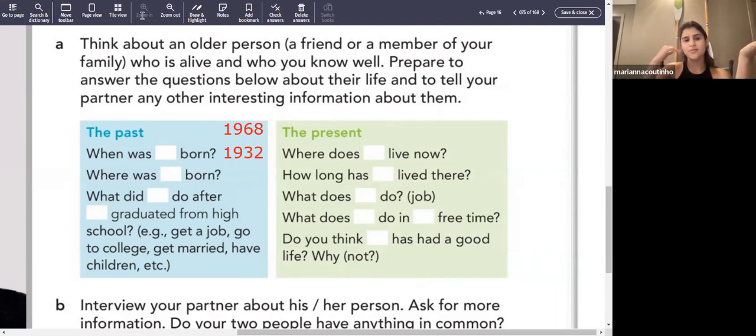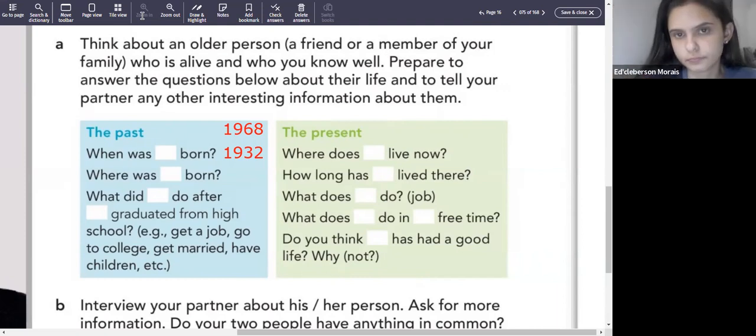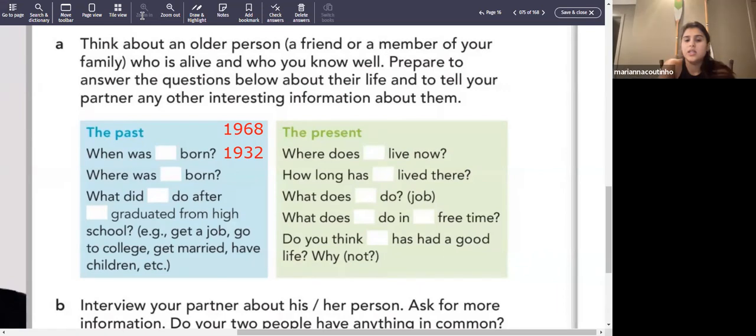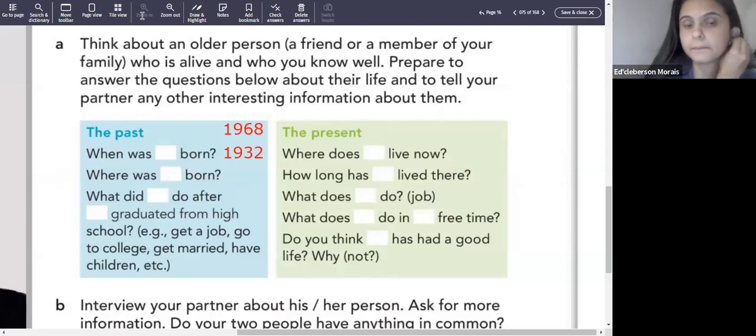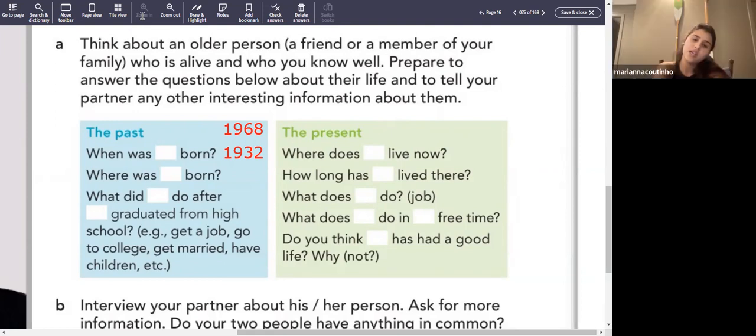It's a farm. Okay, he's a farmer. Awesome. What does he do in his free time? He likes to go out to eat and drink a whiskey and a beer.